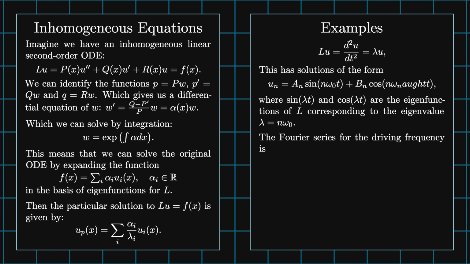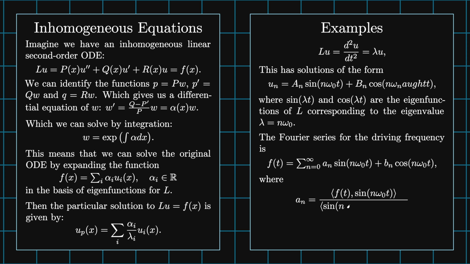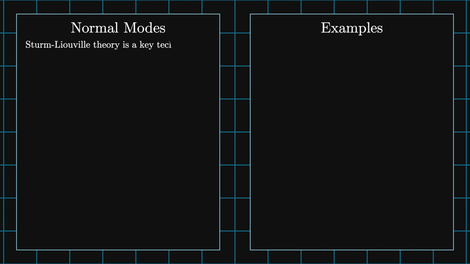The Fourier series for the driving frequency is f of t equals the sum from n equals 0 to infinity of a_n sine n omega naught t plus b_n cosine n omega naught t, where a_n equals the inner product of f with sine n omega naught t divided by the norm of sine n omega naught t, and b_n equals the inner product of f with cosine n omega naught t divided by the norm of cosine n omega naught t. Sturm-Liouville theory is a key technique for solving separable PDEs.